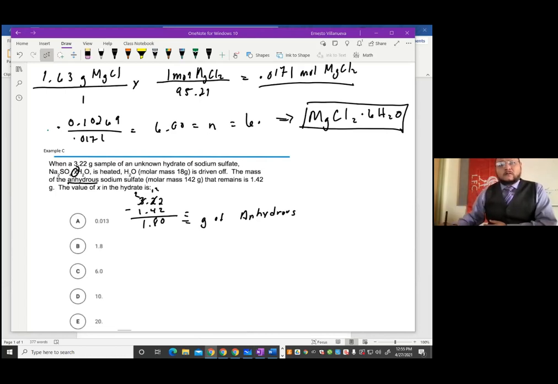No. So if we can figure out the mass of the water, remember H2O has a molar mass of 18 grams per mole. So the moles of the water is 1.8 divided by 18, right?